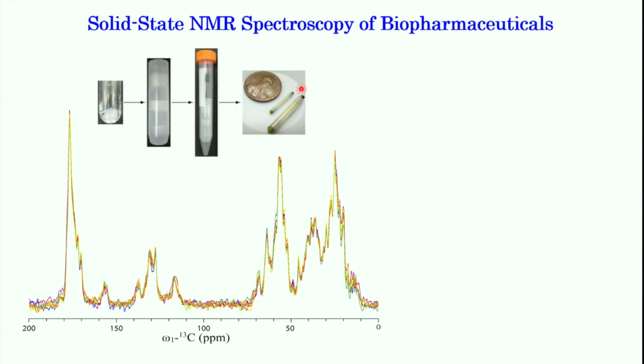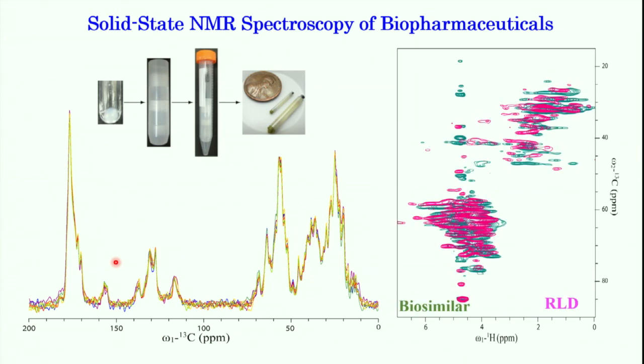Then you show the similarity between various formulated states, like 1 versus 2 versus RLD and all those, and you see even from the microcrystalline substance each peak matches very well. That gives us confidence that directly from the formulated state one can take this biopharmaceutical and show the similarity.